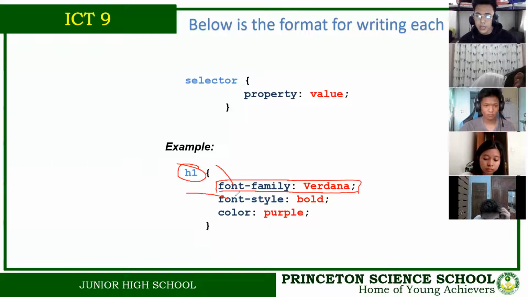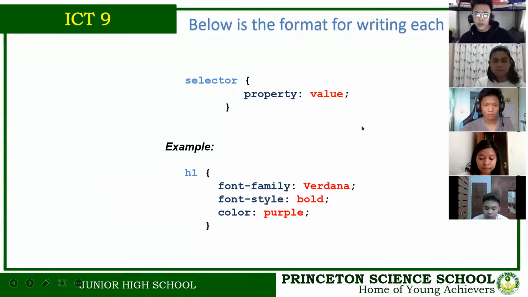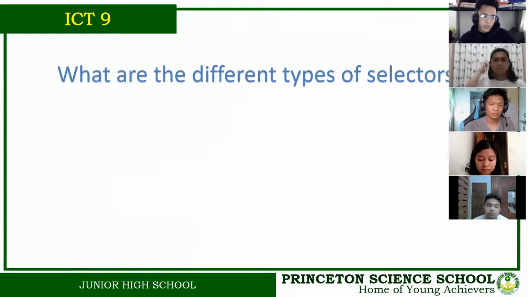In here, it declared that it is going to be a font style. In here, it declared that it is going to be a color. Okay, so is that clear? And of course, it has different types of selectors. Okay, so if you have any idea, what are our different types of selectors? We have 3.